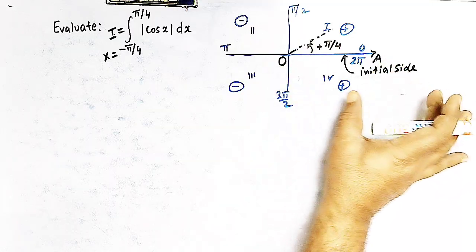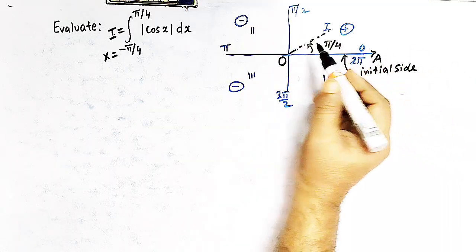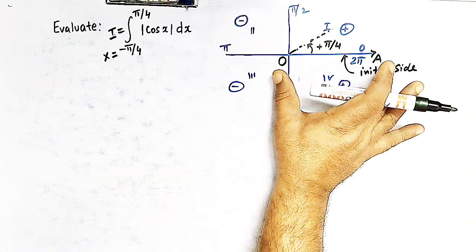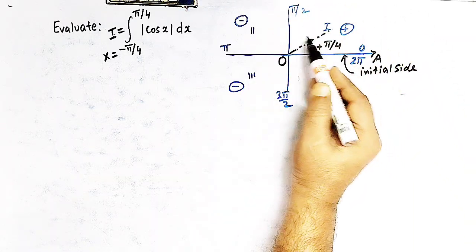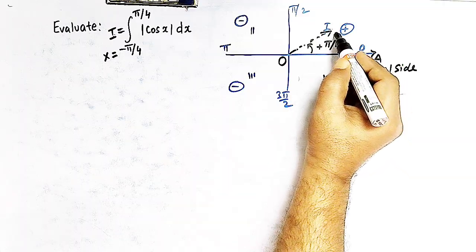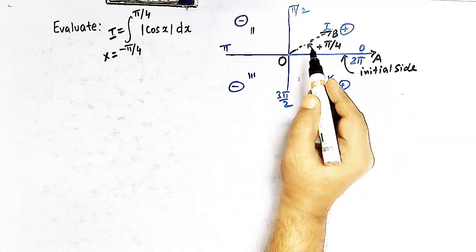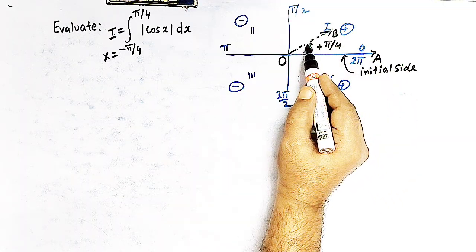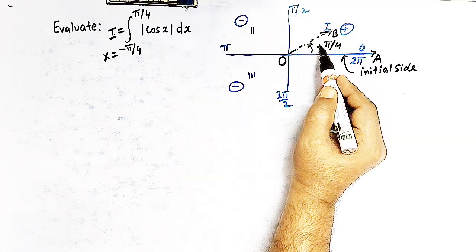So here OA may be taken as the initial side, and when we rotate this initial side in anti-clockwise direction, and we form the ray say OB, then this angle is taken as positive, right?